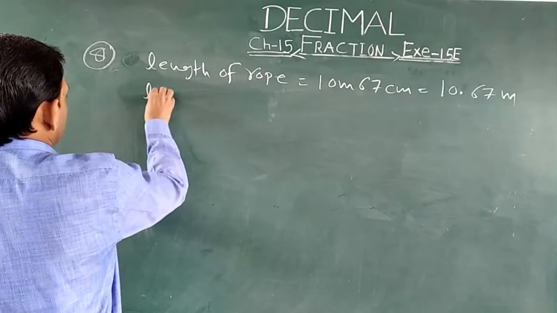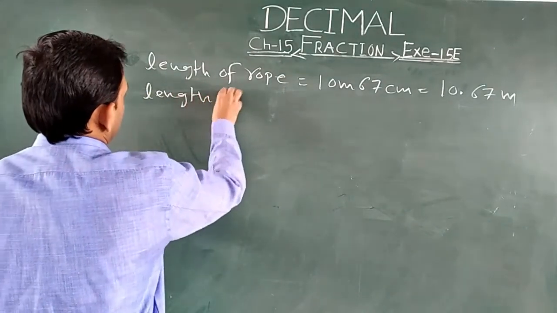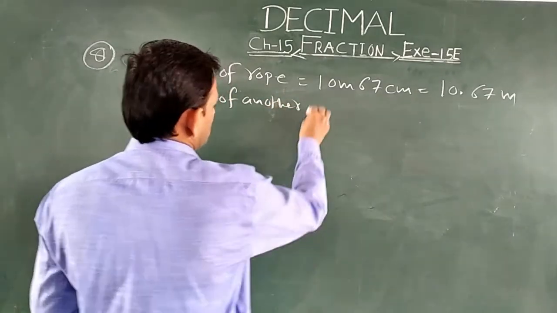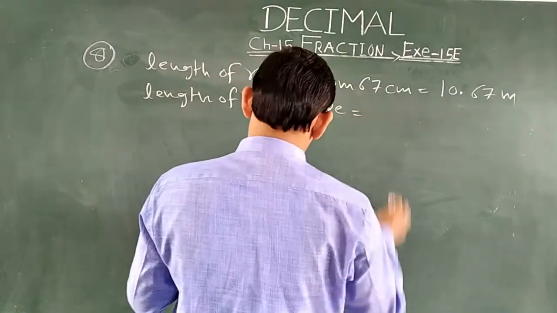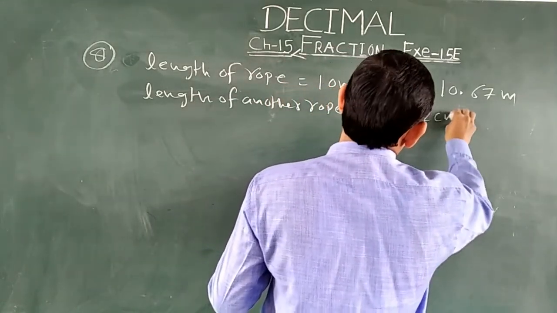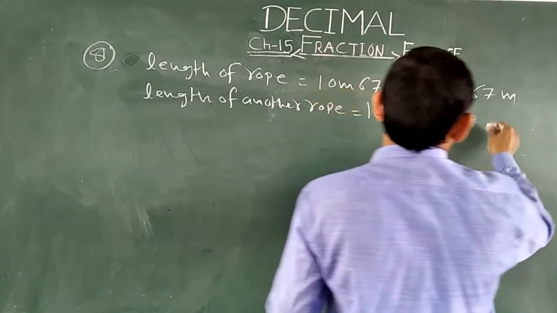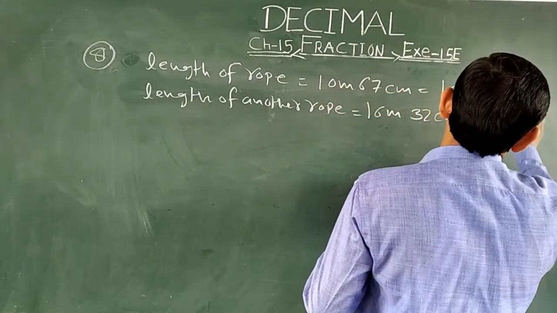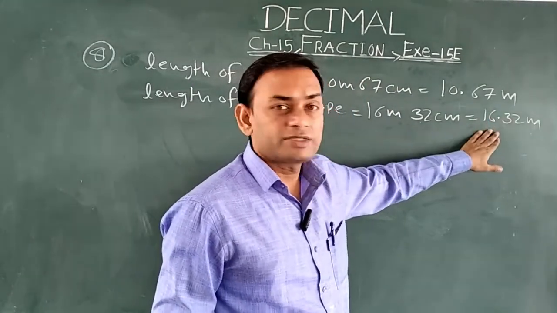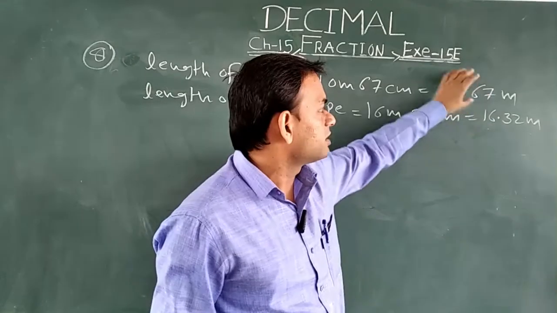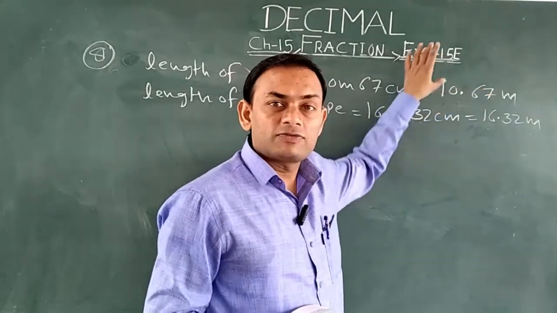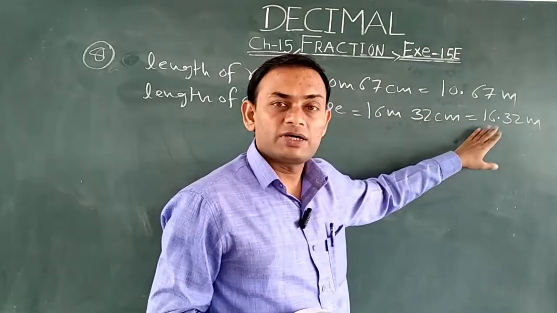The length of the other rope is given as 16 meters and 32 centimeters, and this can be written as 16.32 meters. You have to tell how much longer the second rope is than the first rope. So for this you will just subtract the length of the first rope from the length of the second rope.